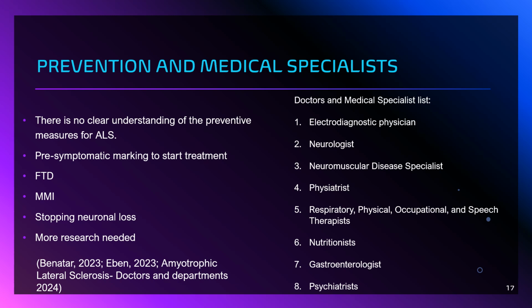This disease is so complicated that so many doctors and medical specialists need to be involved. And that goes into how you keep up and are able to live longer: working with these specialists, not just you if you have ALS, but also family members.